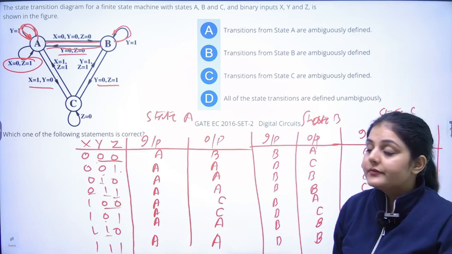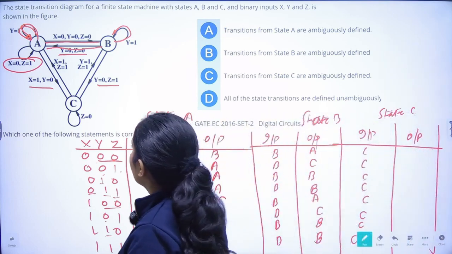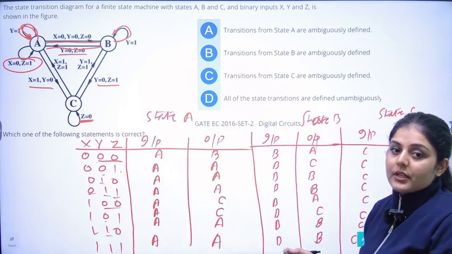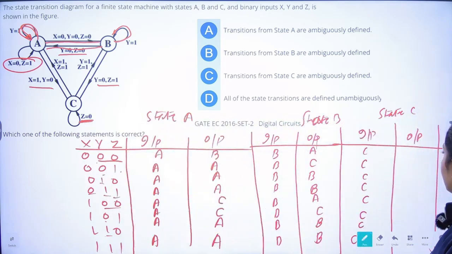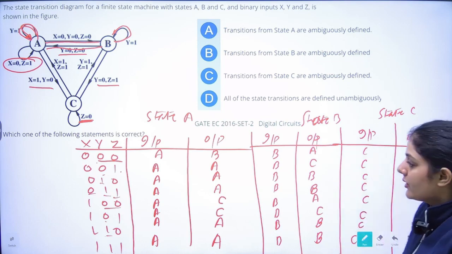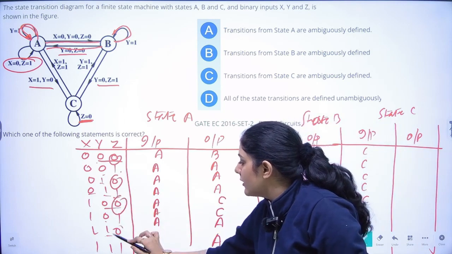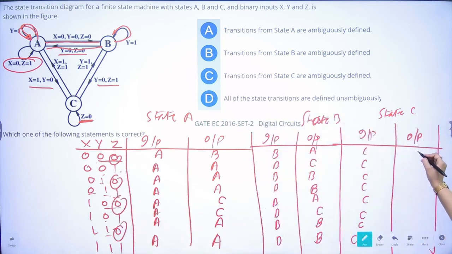For Z = 0, we can directly see that it is coming back to C. So for Z = 0, we can directly put C in each of these places. So it is coming back to C, right?